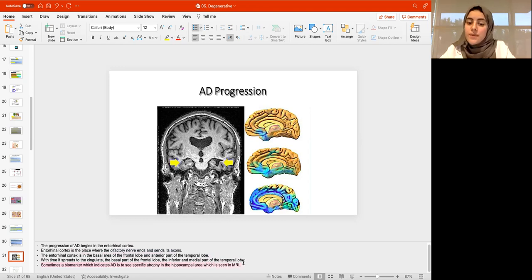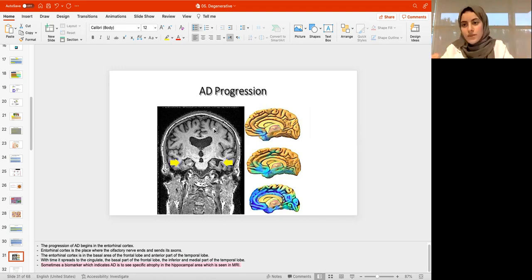So how do they know if this patient is progressing, if his AD is getting worse? They take MRI images every time and they monitor the atrophy. So first the atrophy is here, then on the follow-up visit they realize there's atrophy here. Then on the next follow-up visit, they notice the atrophy reached here now. So this is how they mark the progression.